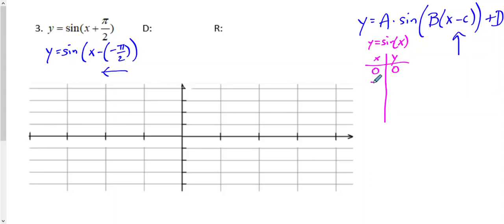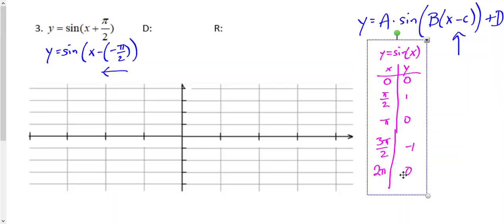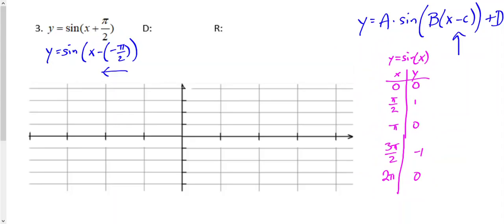All right, we have 0, 0, pi over 2, 1, pi, 0, 3 pi over 2, negative 1, and we have 2 pi, 0. So let's take this, move it over here.